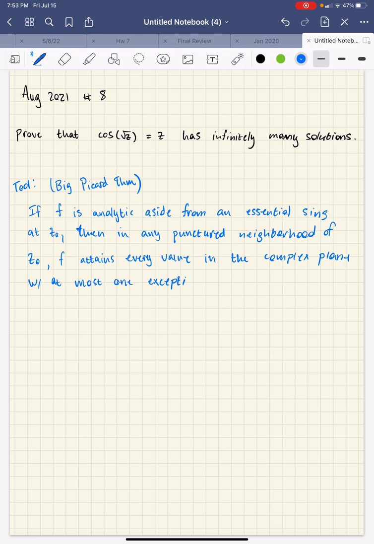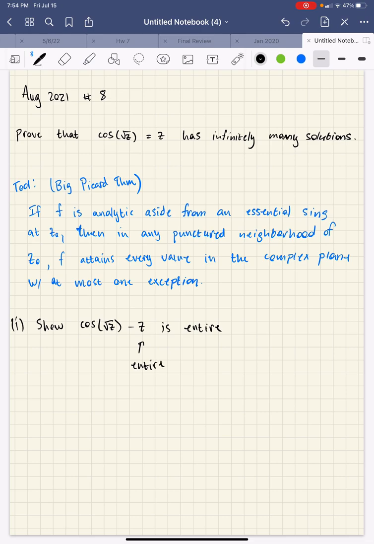All right, so let's see how we can use this theorem. So first things first, I want to go ahead and show that cosine square root of z minus z is entire. So z is definitely entire, right?